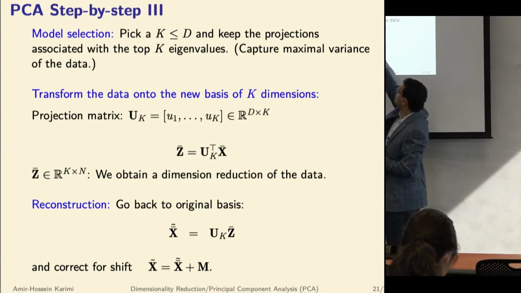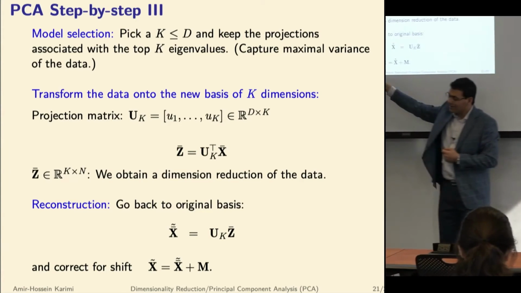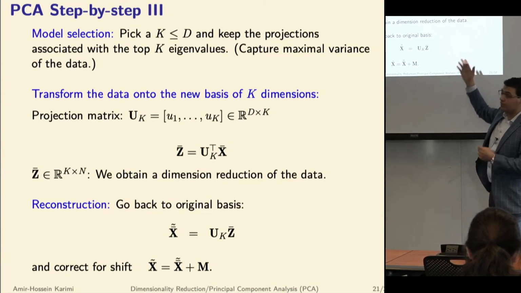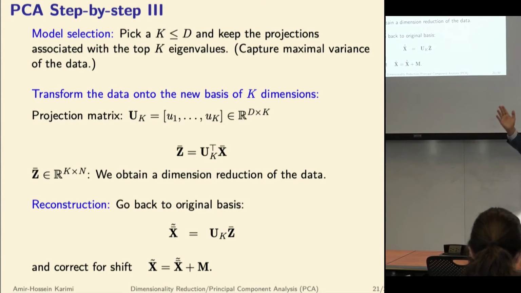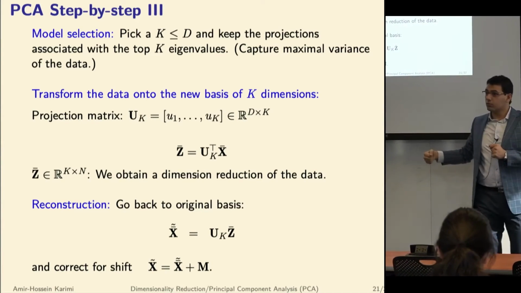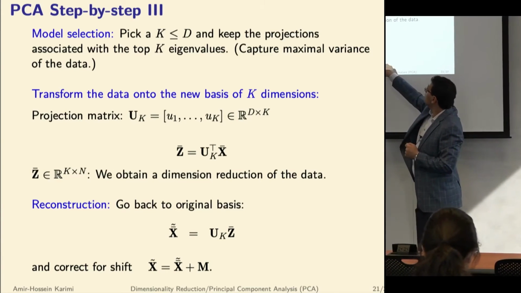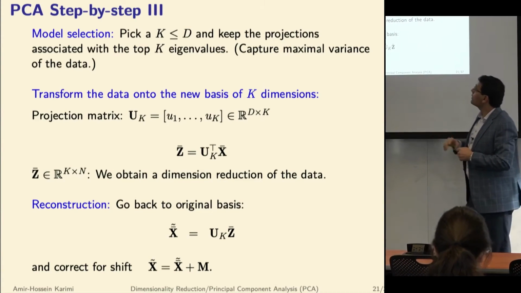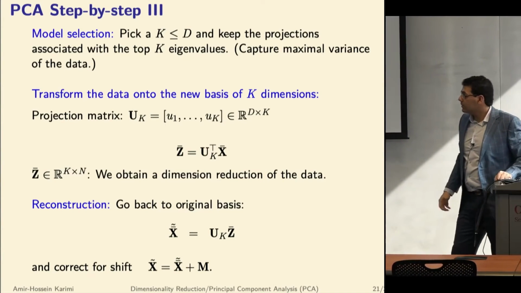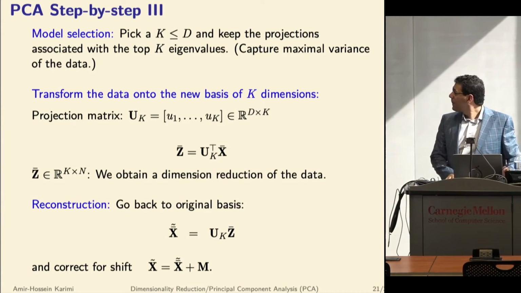Once I select k dimensions, I can start from the eigenvector corresponding to the largest eigenvalue and come all the way down until I have k eigenvectors, and that becomes the transformation matrix that I use to perform my PCA operation. So U_k is a matrix in R^(d by k), meaning that you start in d dimensions and you want to go to k dimensions. It's comprised of k eigenvectors.